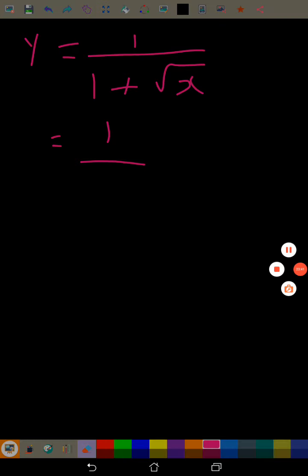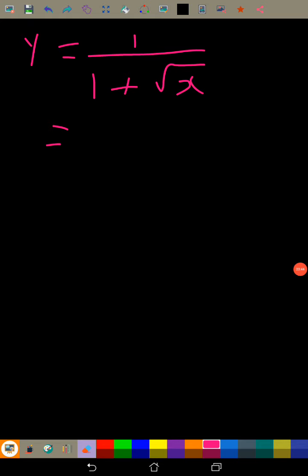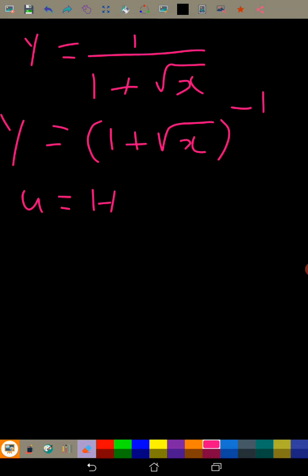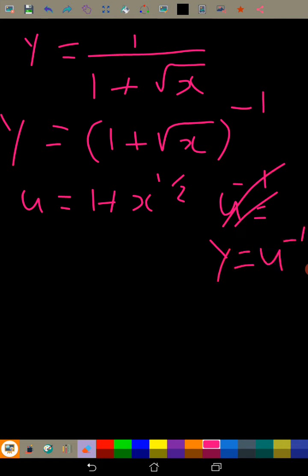Let me pause this, I have to think about it. Okay, I will just have an attempt. What about this? I can just say it's to the power of minus 1, right? And I can say also that u is equal to 1 plus x to the power half, and that y is equal to u to the minus 1.